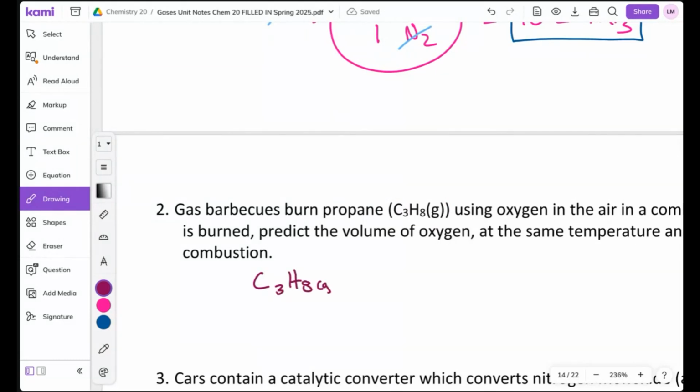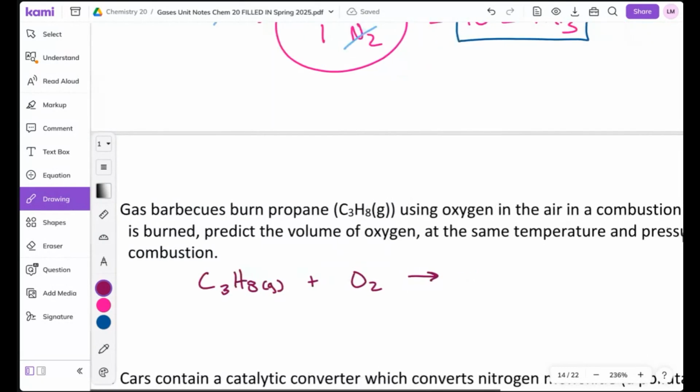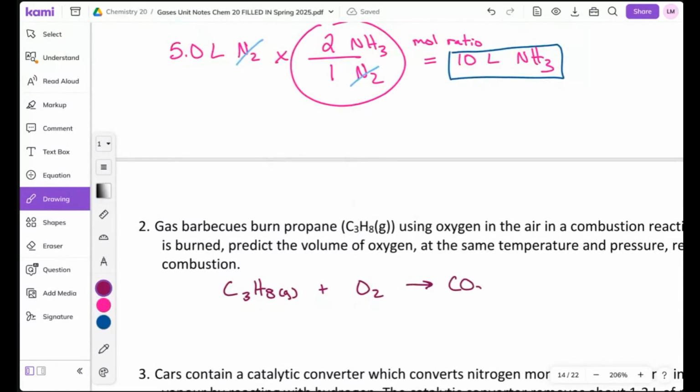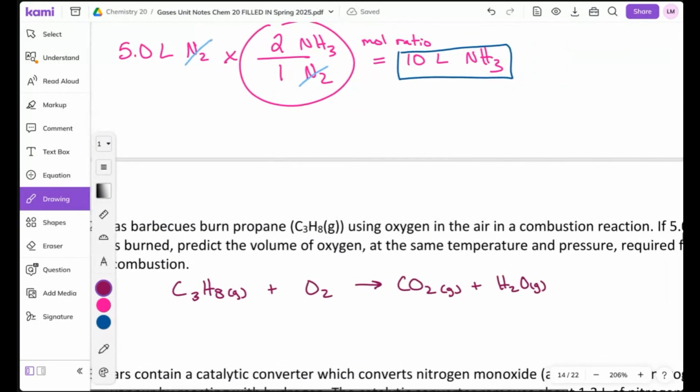C3H8 gas plus oxygen gives us carbon dioxide gas and water vapor. Okay, so the combustion reaction word, that's very important, and it tells you exactly what the products are and also what the other reactant is.